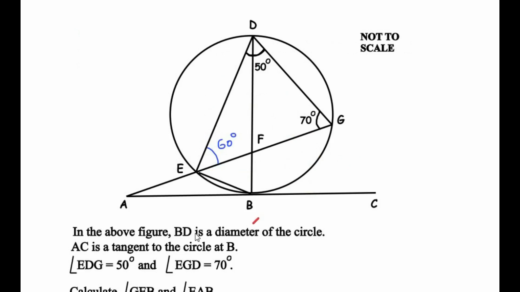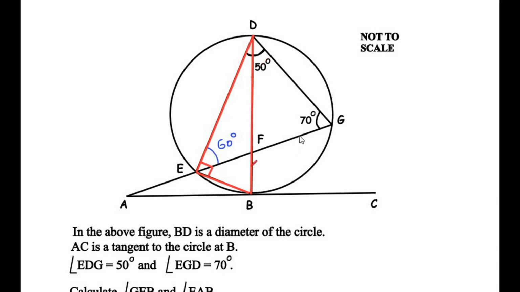Now here it was given that BD is the diameter of a circle. So let me just highlight this diameter over here. And using the endpoints of this diameter, we can see that an angle is being made in the semicircle at point E, that is at this point, this way. So using the angle in a semicircle theorem, we can now say that the angle made at point E is 90 degree.